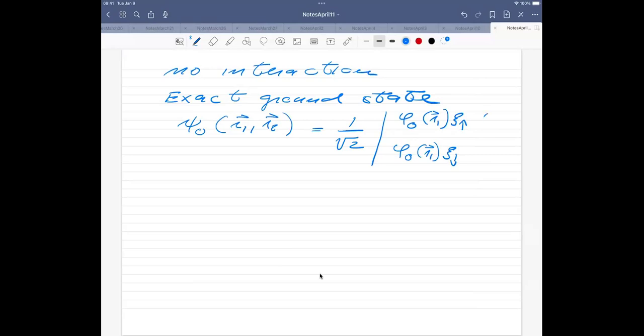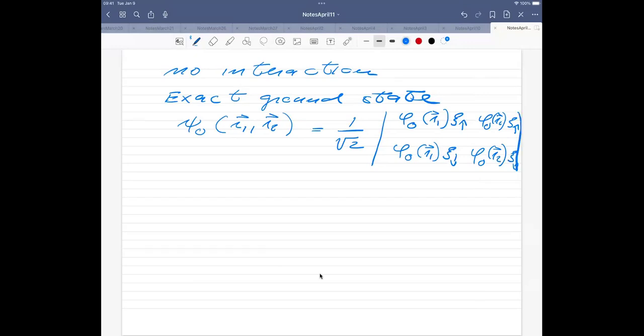And then I have a psi 0 of R1. So the second column refers to the second particle. So I have a psi 0 of R2, and this has a spin up part. And then I have a psi 0 of R2 times a spin down part.